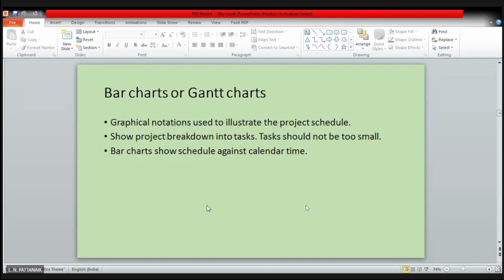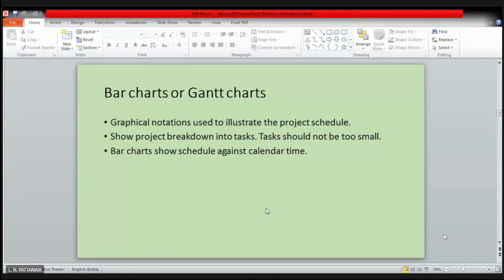Right. So on one axis you have to put your calendar time, depending on the time scale that is convenient for that project. If the project is going to be completed within some days, 5-6 days, the time scale on the x-axis may be days.